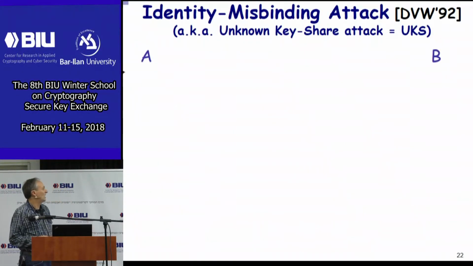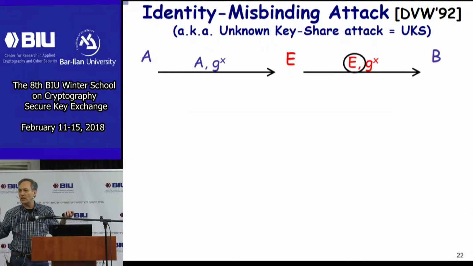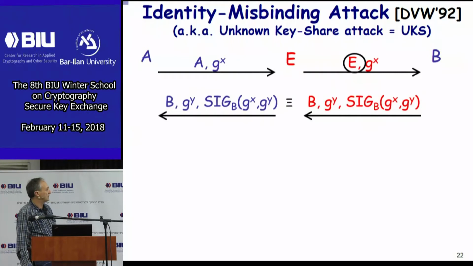Anyway, so Alice sends A, G to the X, Eve intercepts and sends the same G to the X with the name Eve. Now, Bob answers according to the protocol: I'm Bob, here's G to the Y, and here's my signature of B on G to the X that he got from Eve, and G to the Y that he's sending.